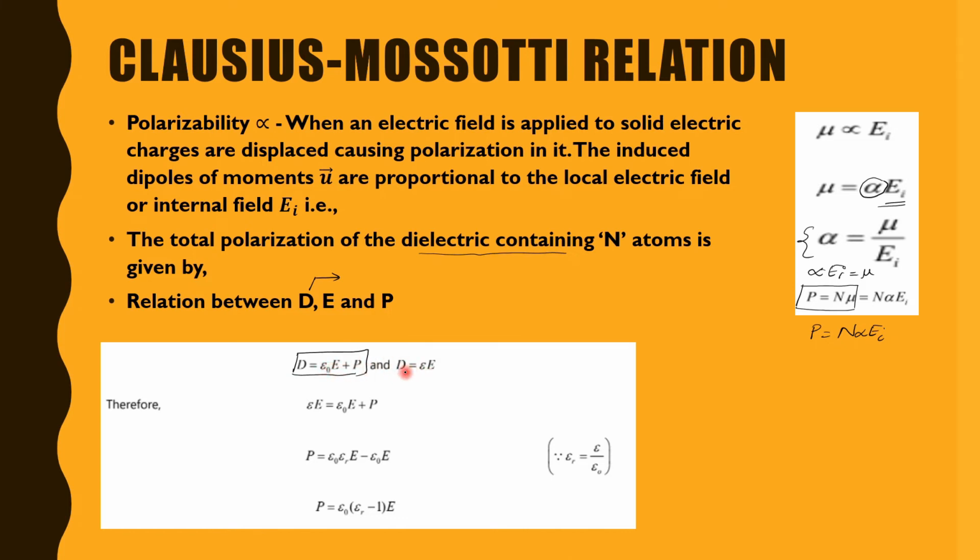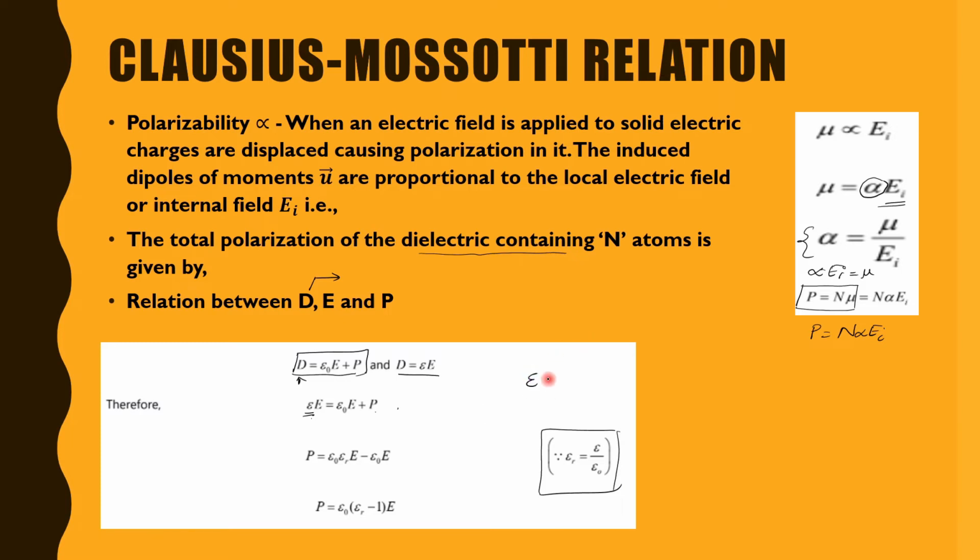And if we replace this D with epsilon E, that means on this side we will introduce this, and we will take this one to the other side. Before that, we will write this epsilon as, this is the dielectric constant.